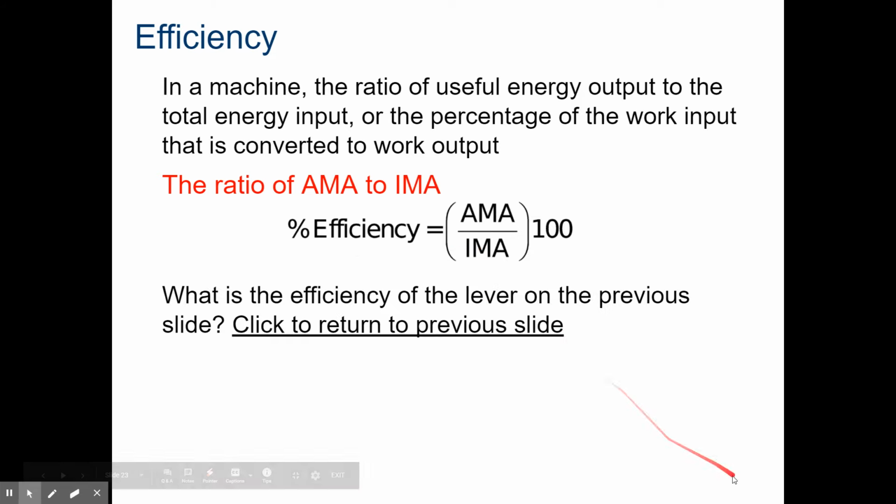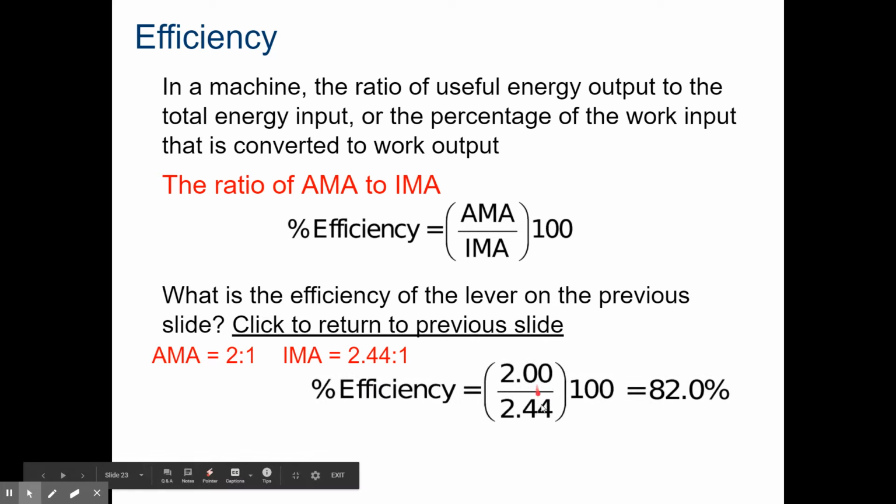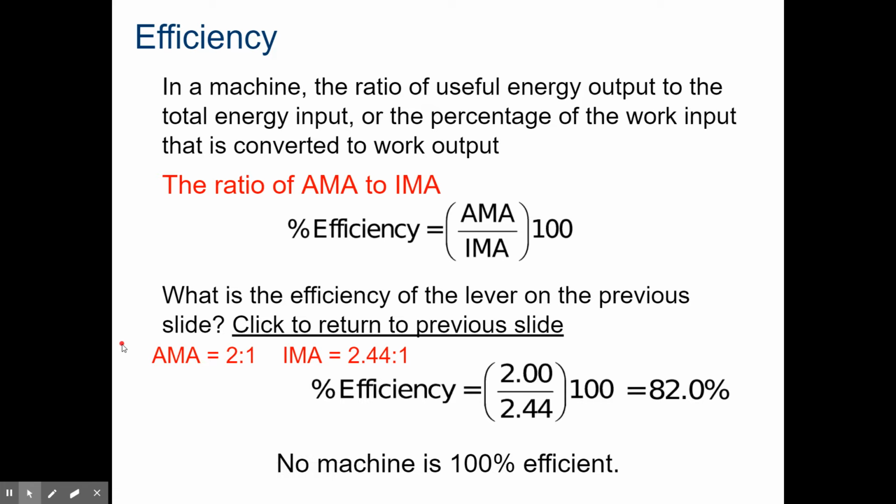So what's the efficiency of the lever on the previous slide? AMA was 2, IMA was 2.44. So it's 2 divided by 2.44 times 100, 82% efficient. Know this: no machine is 100% efficient. We are always going to lose something as that machine works, whether it's to friction or to heat.